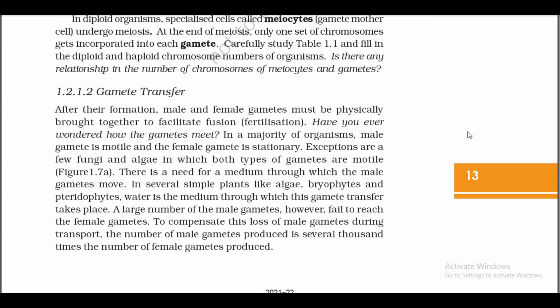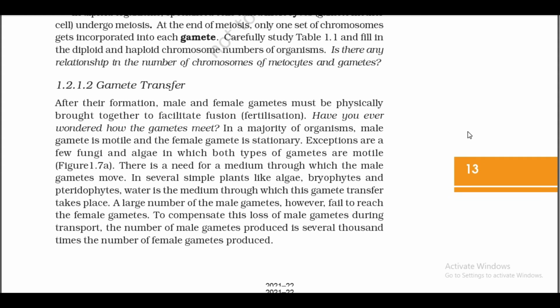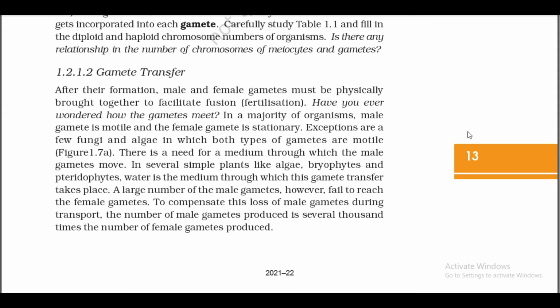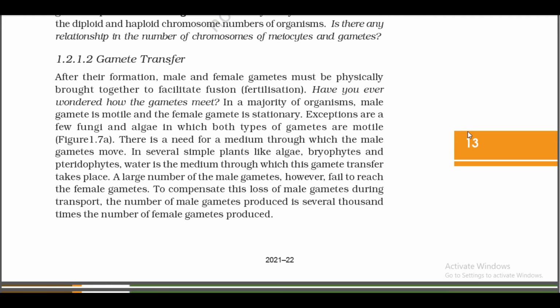1.2.1.2 Gamete transfer. After their formation, male and female gametes must be physically brought together to facilitate fusion (fertilization). Have you ever wondered how the gametes meet? In the majority of organisms, the male gamete is motile and the female is stationary.